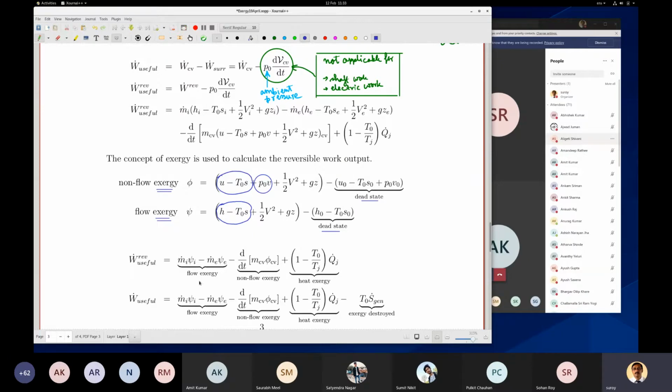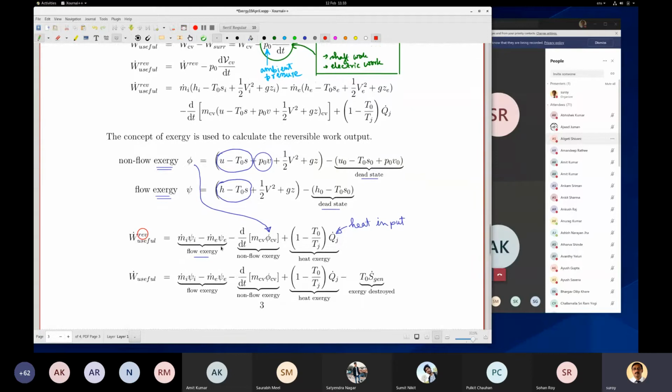So in this case, this is the net flow exergy. This is coming in and going out, and this is the change in exergy inside. Right? And how do you calculate that? This is how you calculate it. This is a property, and this is the heat transfer. Heating. Right? So this gives you the reversible work.